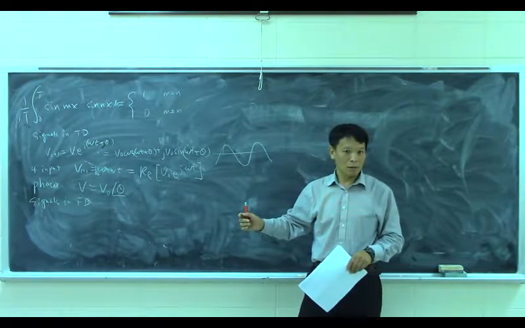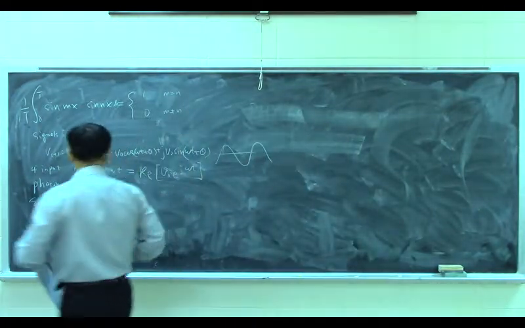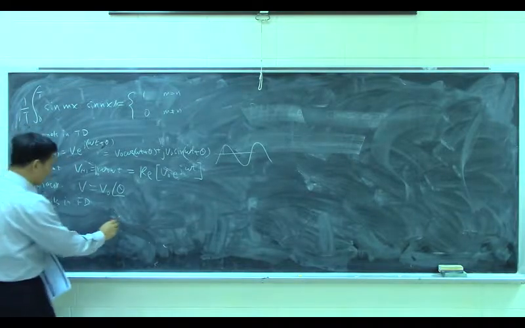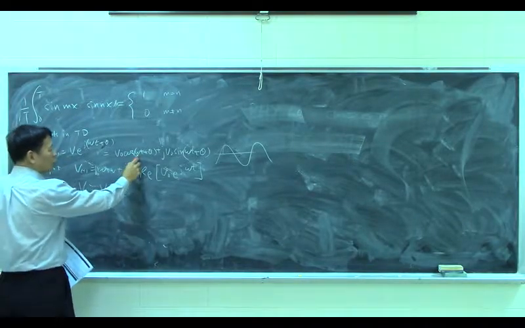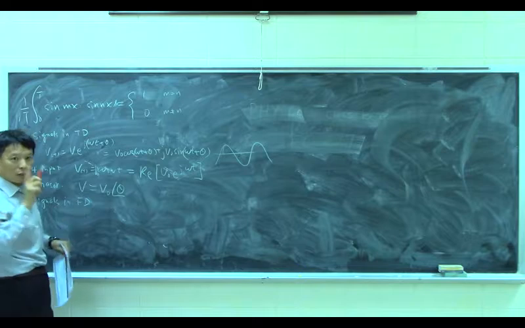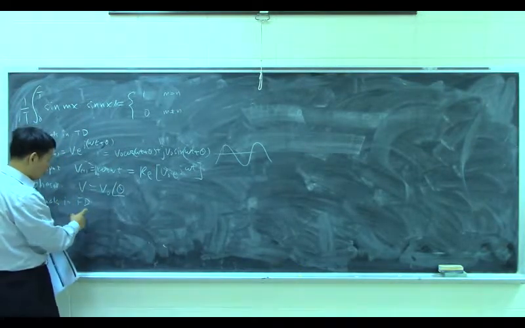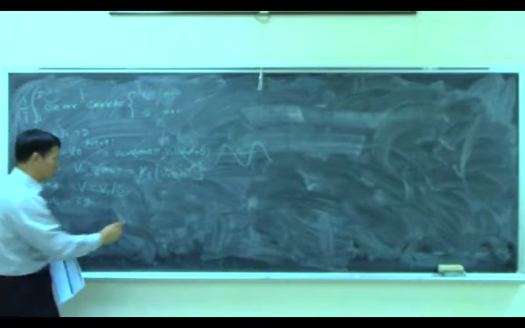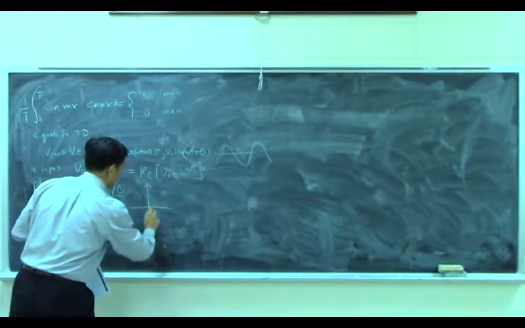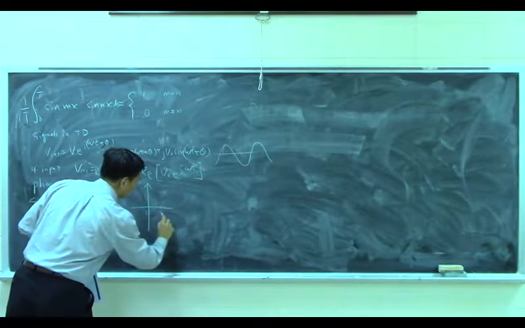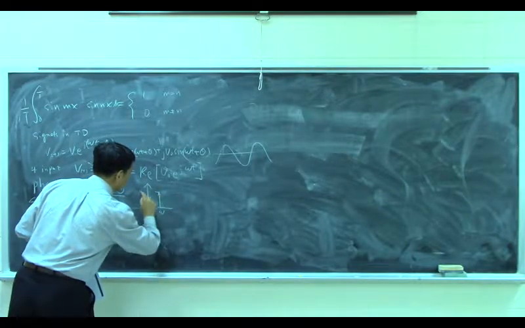That means we look at the frequency component. Here we know this is a single frequency. There's only one frequency, and the amplitude equals V0. So on the spectrum analyzer, it will look like this. This is 0, the frequency is here, omega, and the amplitude will be equal to V0.